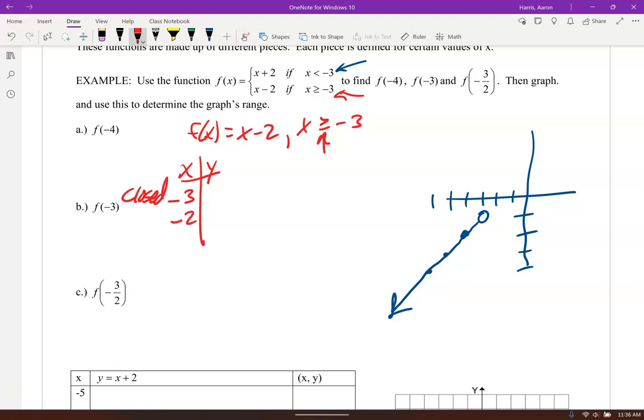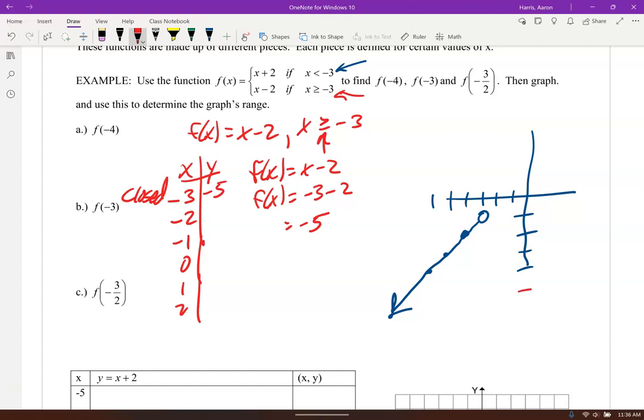Well, greater than is to the right of negative 3. So pick those values, plug them in one by one, x minus 2. So f of x equals negative 3 minus 2. That's negative 5. There's the first one, negative 3, negative 5. And it's filled in. It's closed.